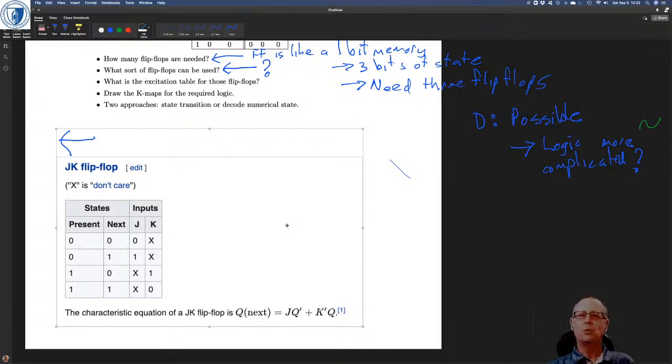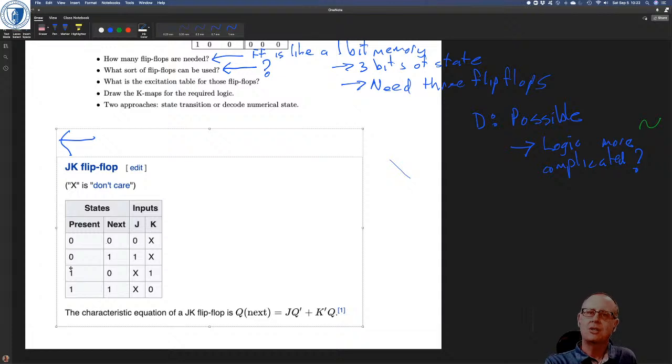What this shows us is if you want the output of a JK flip-flop to go from 0 to 0, then what you need to set the inputs to are 0 on J, and we don't care what K is. If we want to transition from 0 to 1, we want a 1 on J, and we don't care what K is.